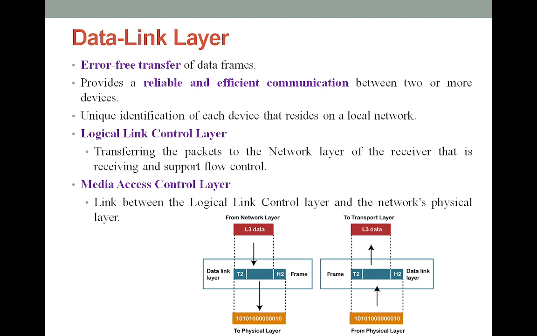In the medium access control layer, we mainly focus on the link between the logical link control layer and the physical layer. While involved in data transmission, we should take care of the establishment of connectivity and the flow control mechanisms. The data link layer mainly deals with those kinds of properties.